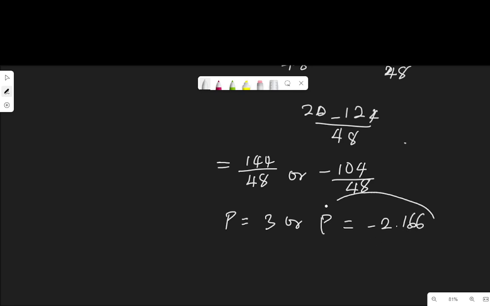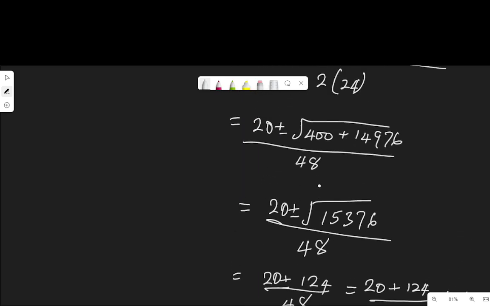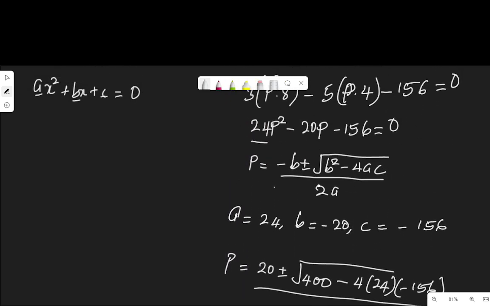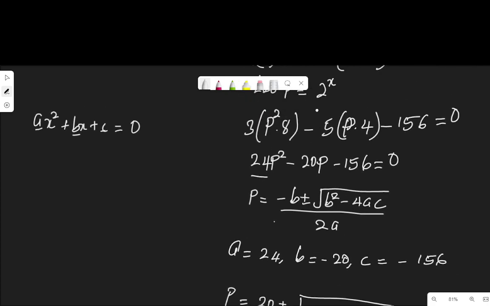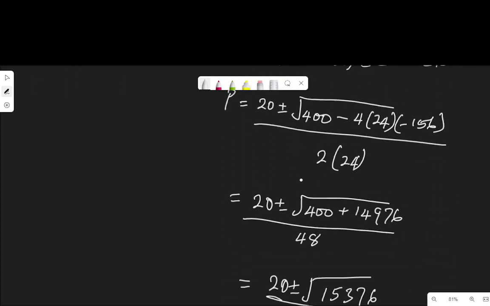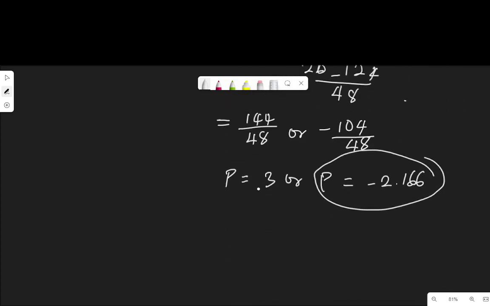Now I'm not going to make use of this, since we said that p is equal to 2^x, and 2^x is positive. A positive number cannot be equal to a negative number, so our only answer here will be 3.